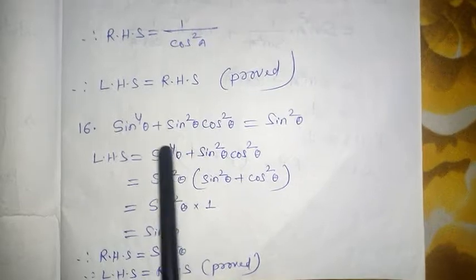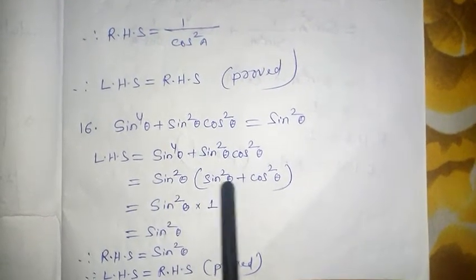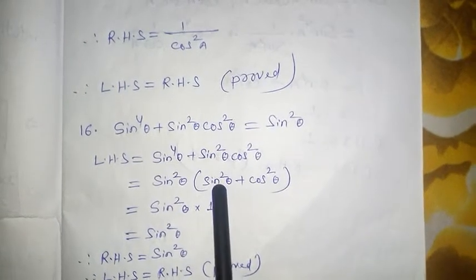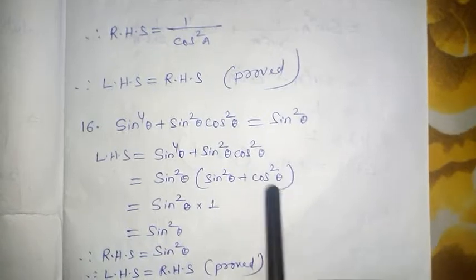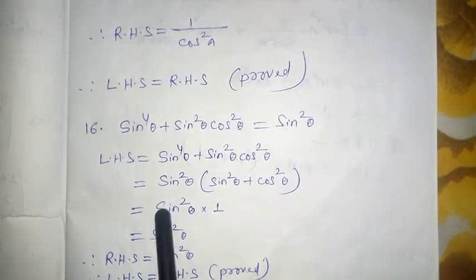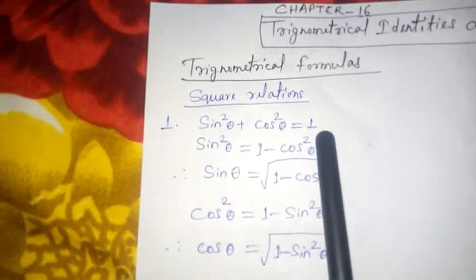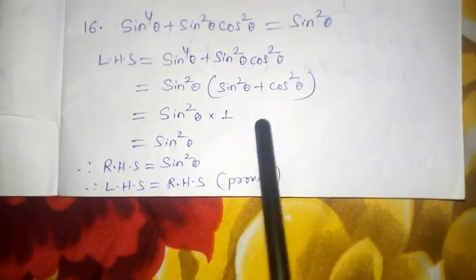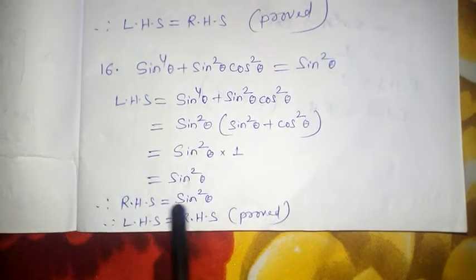From power 4, 2 is reduced because 2 has come outside, and 2 more power remains inside. That means sin square theta remains here, and from the other term sin square theta is out, only cos square theta remains. So sin square theta into this portion, which I can say is 1, because just now sin square theta plus cos square theta is equal to 1. Sin square theta into 1 is sin square theta. RHS is also the same, and LHS equals RHS, proved.